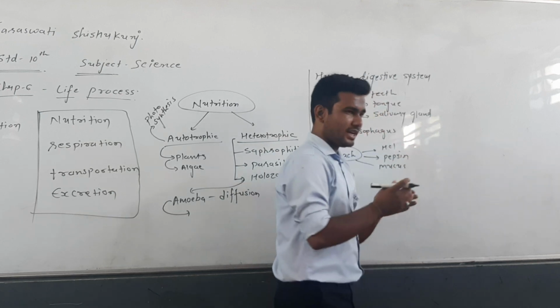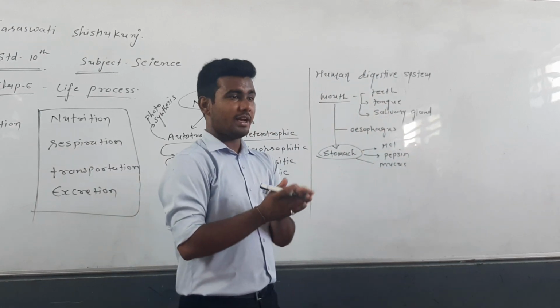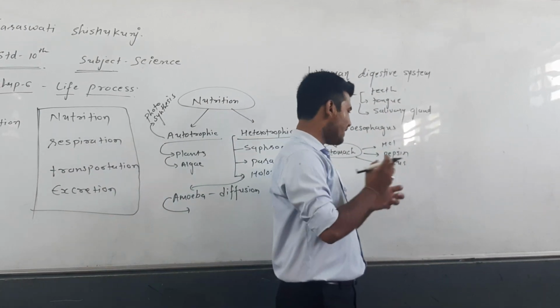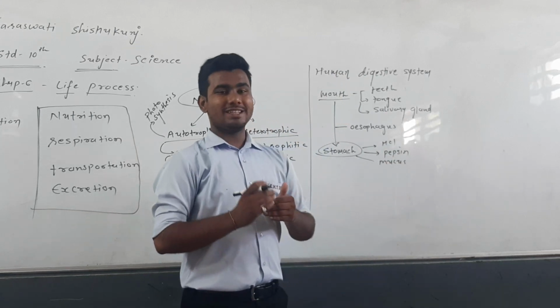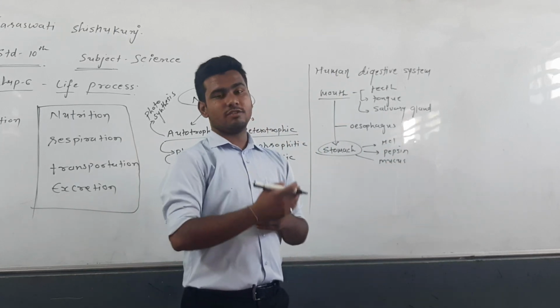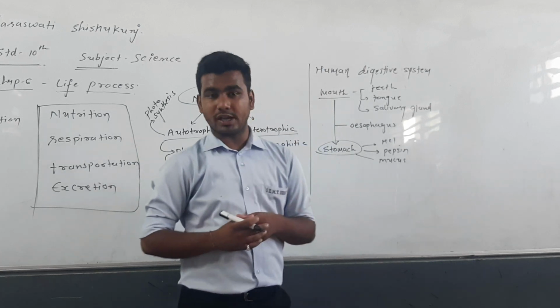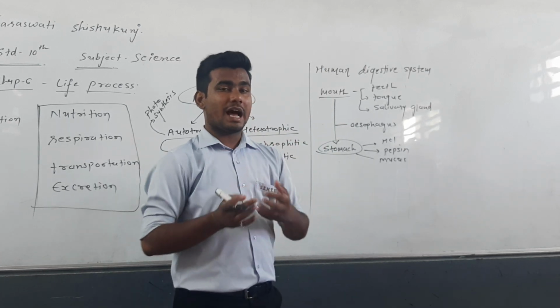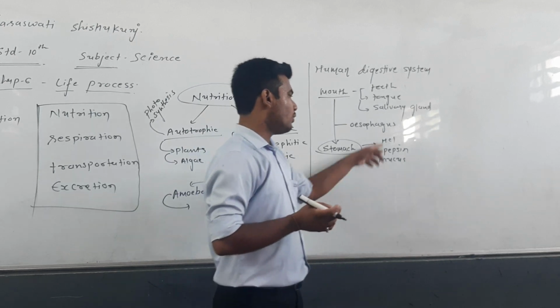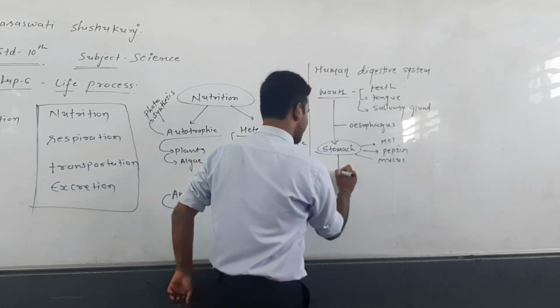HCl will kill the bacteria, it will provide the acidic medium, and it will break down the large globules. Pepsin is responsible for digestion of protein. HCl will activate pepsinogen, which is responsible for digestion of protein, and mucus will protect our stomach wall from the HCl.